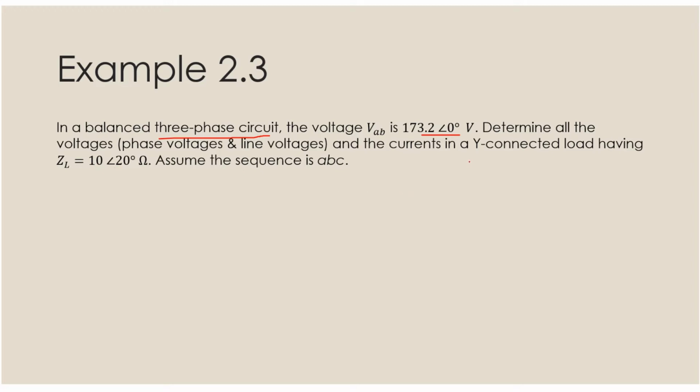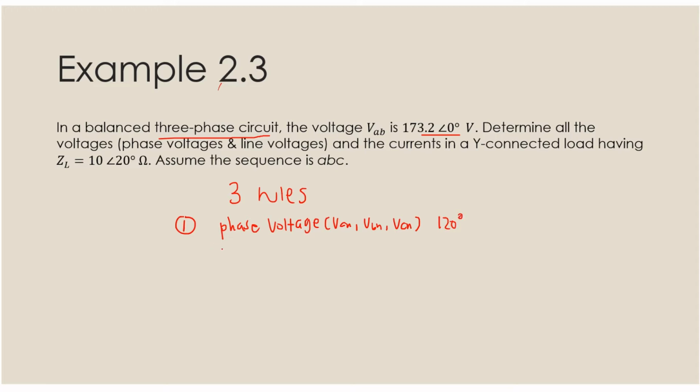Previously we have learned the three golden rules. Do you still remember them? The first rule says that the phase voltages, VAN, VBN, VCN, have to lag each other by 120 degrees.